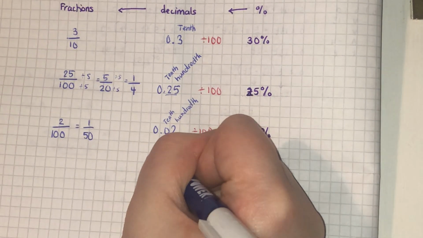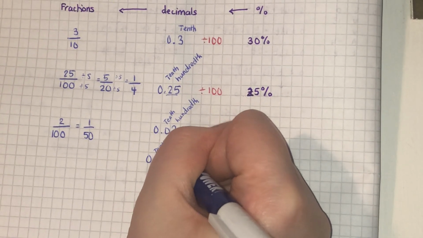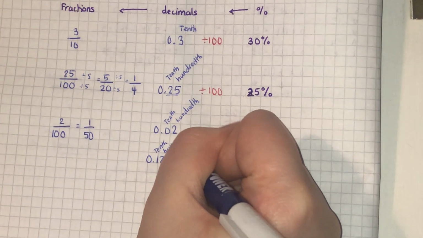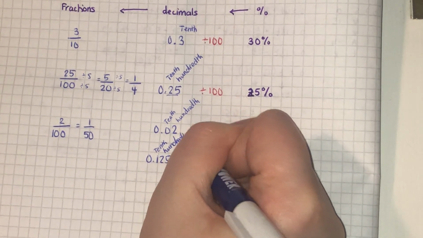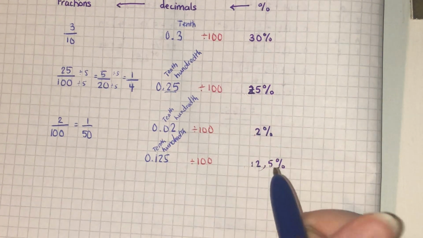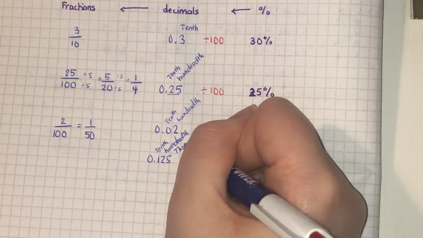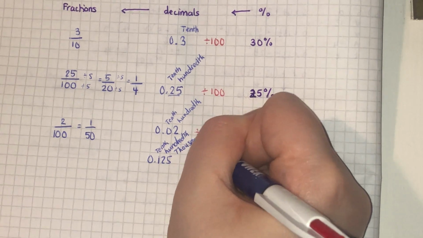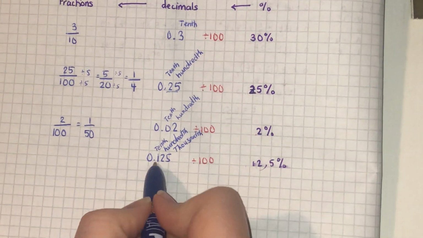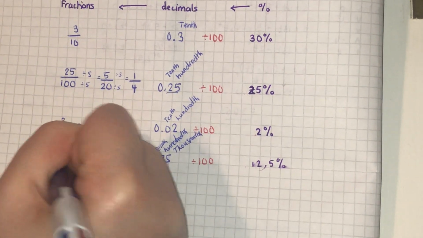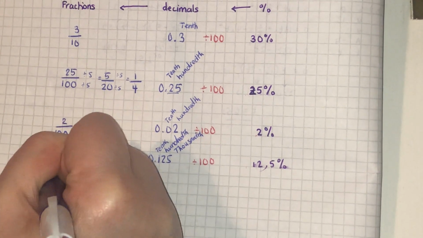So we've got the 1 in the tenths column, the 2 in the hundredths column. But we've actually still got another 5 after that, so that's in the thousandths. So it's going to be 125 out of 1,000.